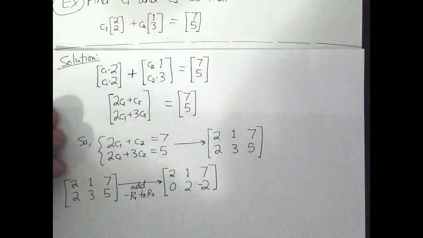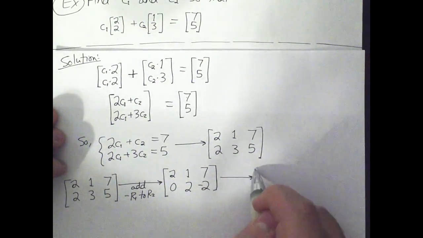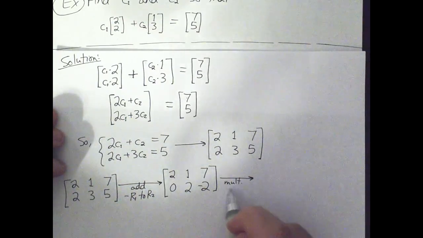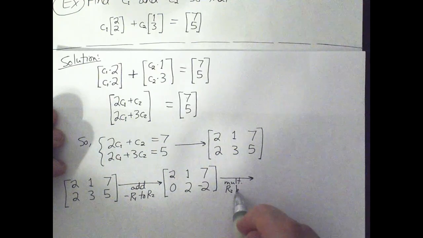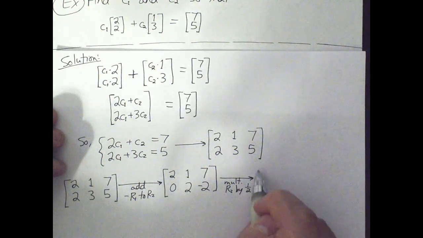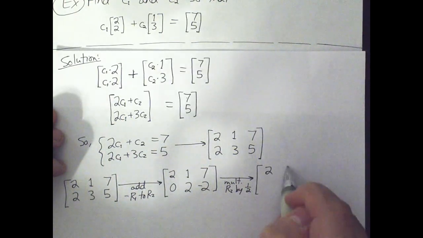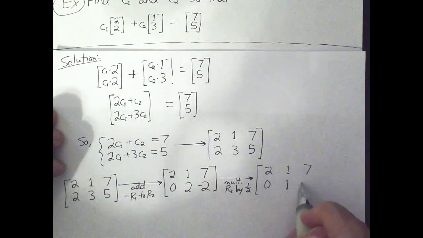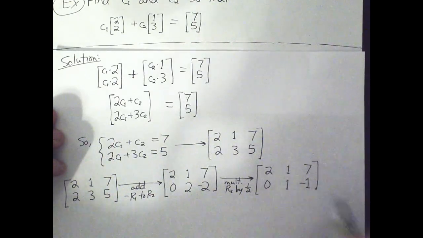I decided to keep going, and I'm going to multiply R2 by 1/2. I tend to do that whenever I see a 2 and a negative 2. I say, that would be simpler if we just multiply it by 1/2.